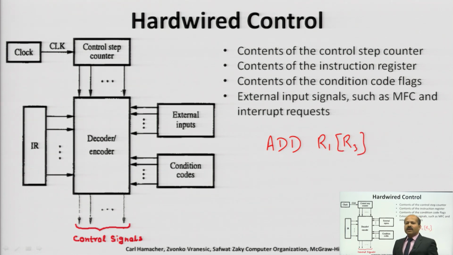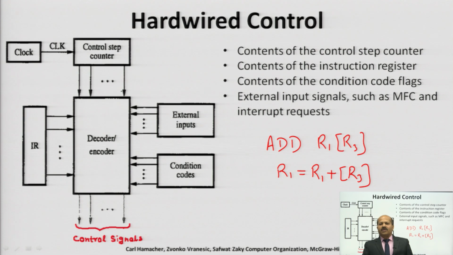So, this we have done in the last class already. So, what does it mean? It performs the operation R1 equals R1 plus R3, where the R3 register is having the address of the second operand, and this operand has to be fetched from main memory. So, various control steps we have seen, various control signals are to be issued.